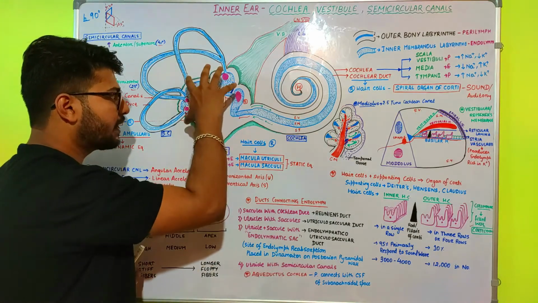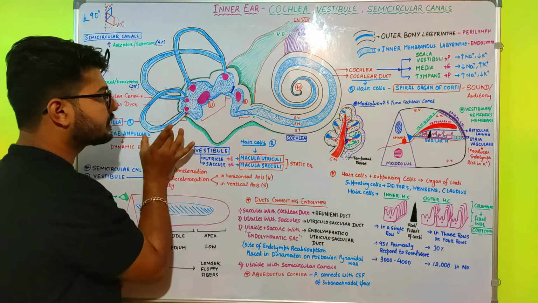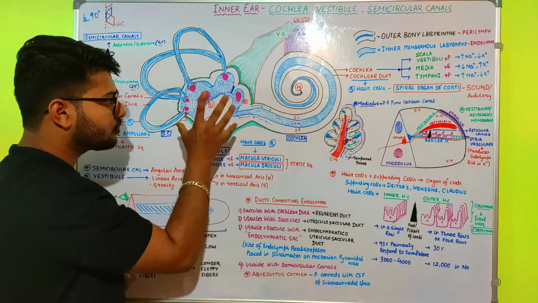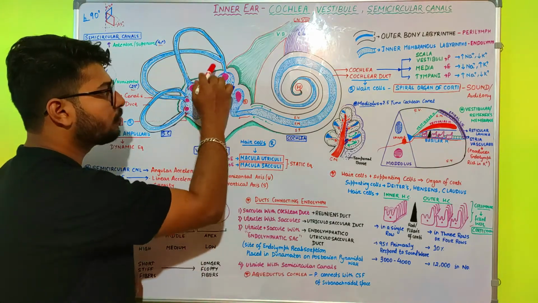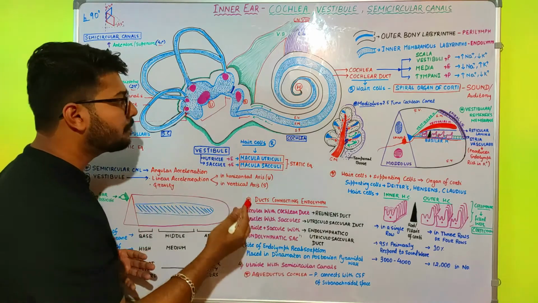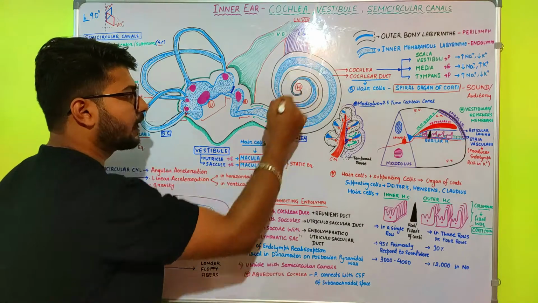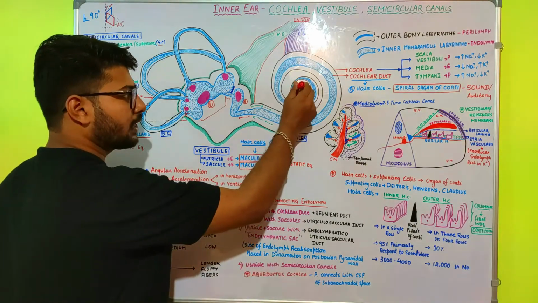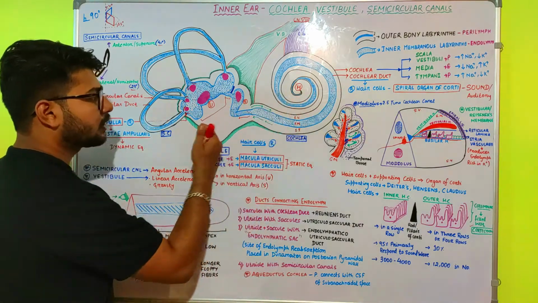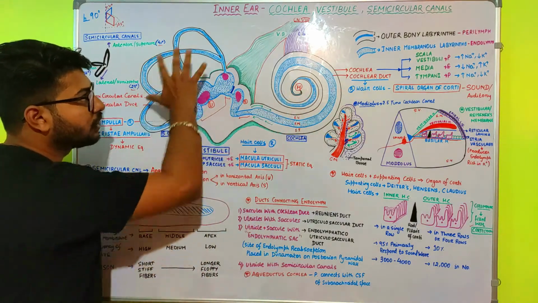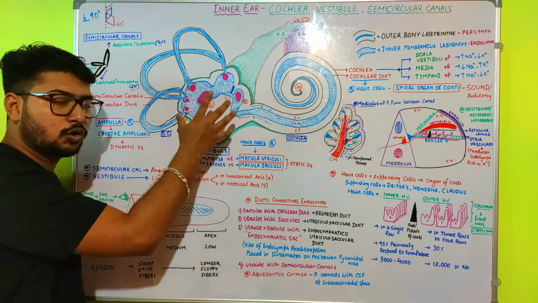Attached to it we have the semicircular canals, and this structure is not perfectly spherical, but it has a small dilation over its distal part, and attached to this dilated part we have the cochlea. The axis of the cochlea is in this direction, facing towards you, and this dilated portion of the inner ear, known as the vestibule, is curved towards you.